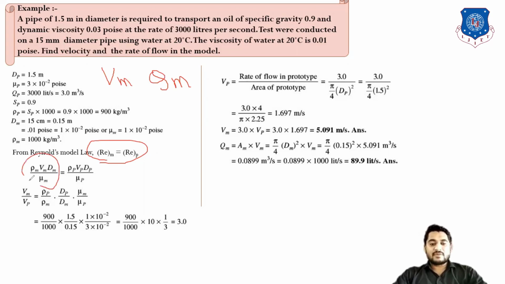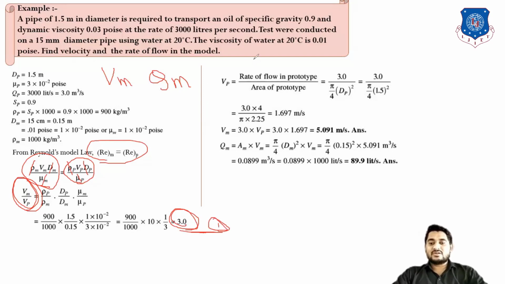So rho v d by mu for model is equal to rho v d by mu for prototype. Here rho, diameter and mu are given, so we can find the ratio of Vm by Vp. By putting all these values from the given data, the ratio of Vm by Vp is equal to 3. This will become our equation number 1.